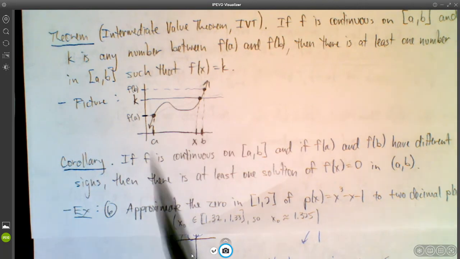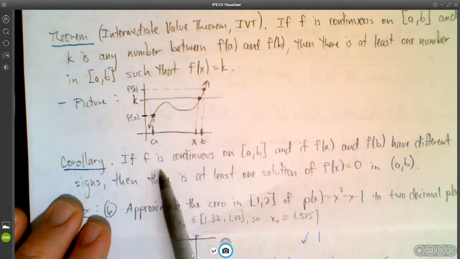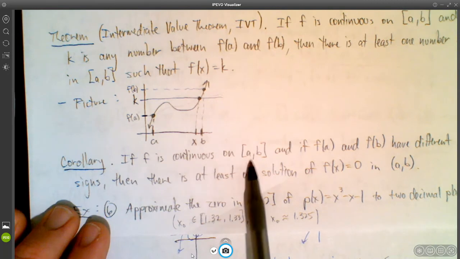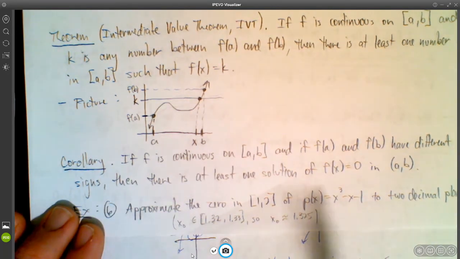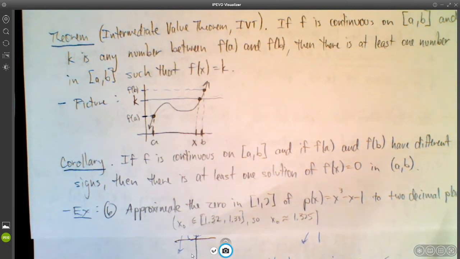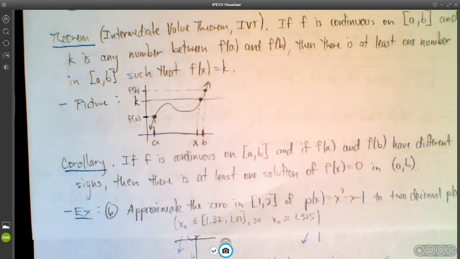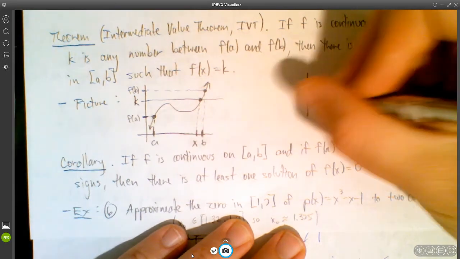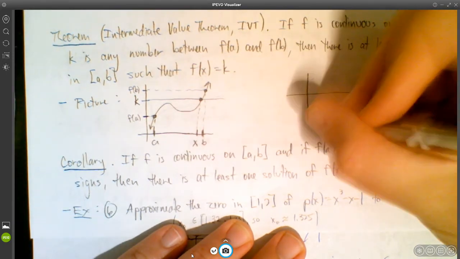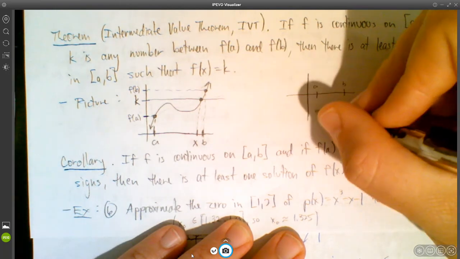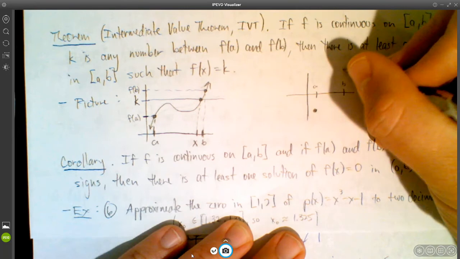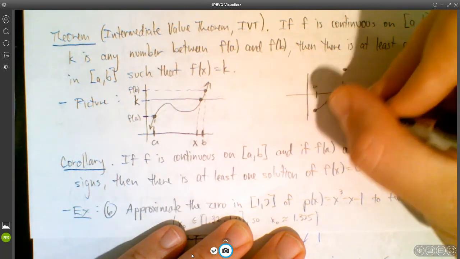Now, as a corollary to that, if f is continuous on a, b, and if f of a and f of b have different signs, then there's at least one solution of f of x equals 0 in the interval from a to b. So to draw a little picture of that, imagine a is here and b is here, f of a is negative, f of b is positive, and you're continuous from a to b.